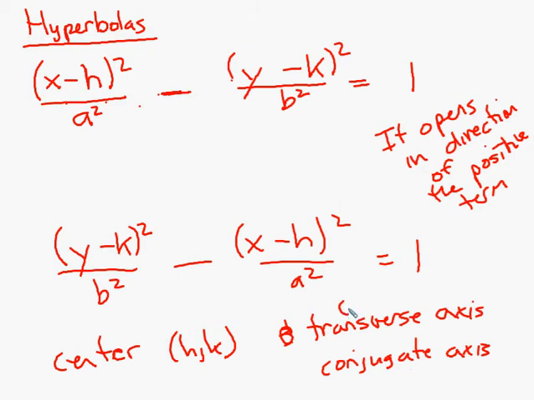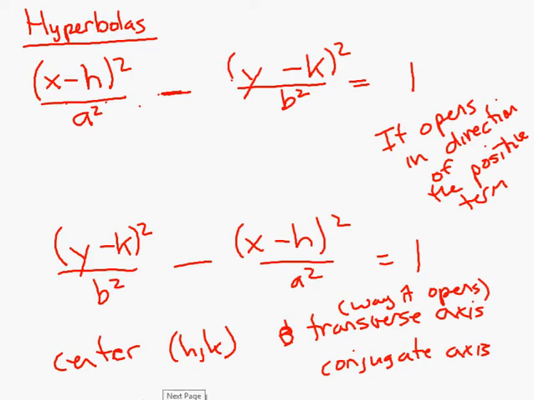The transverse axis is the way it's opening. The conjugate axis is the other one. Like with ellipses, I think the best way to learn this is to start graphing them. There are some other pieces to the puzzle that we'll get to.